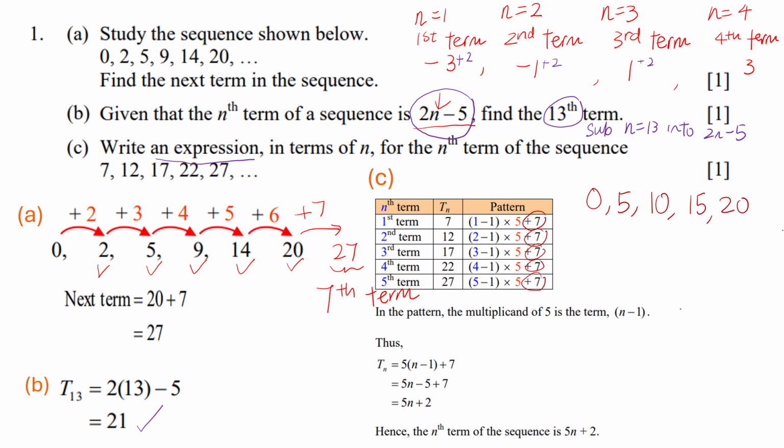Okay, so you see all these numbers 0, 5, 10, 15, 20 have the common factor 5.